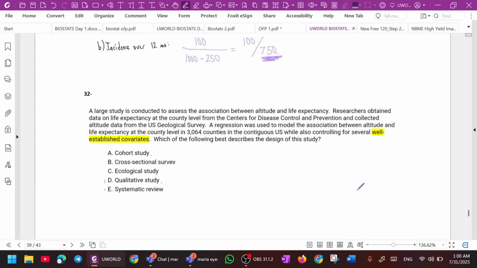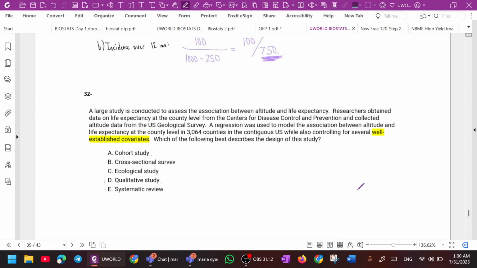A large study is conducted to assess the association between altitude and life expectancy. Researchers obtain data on life expectancy at the county level from the Centers for Disease Control and Prevention and collect altitude data from the US Geological Survey.